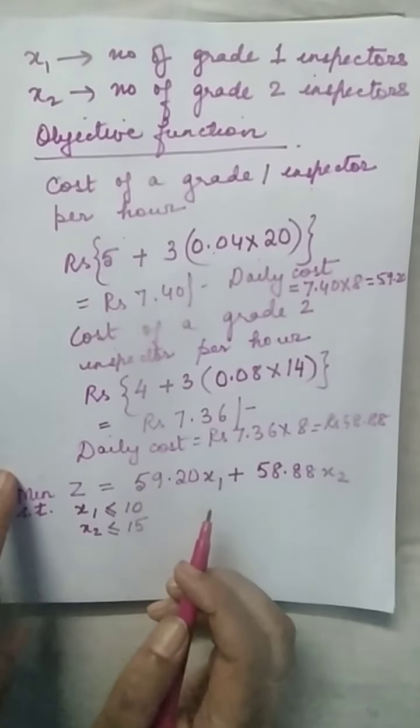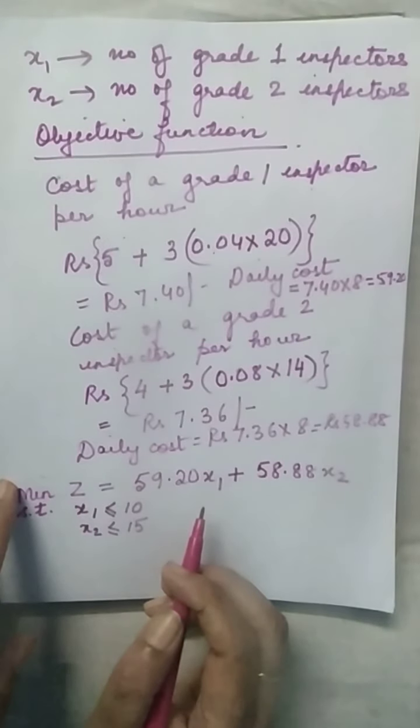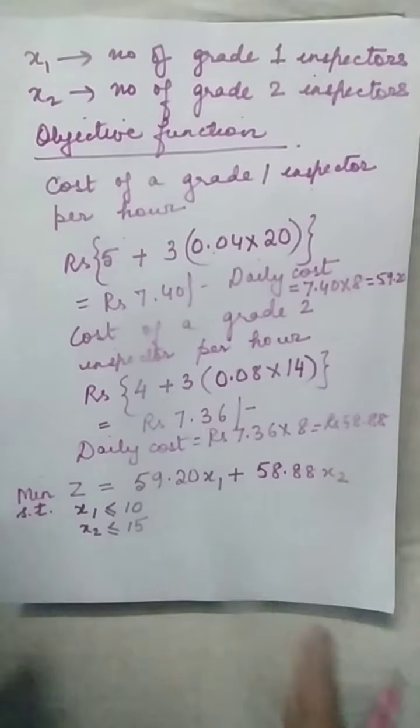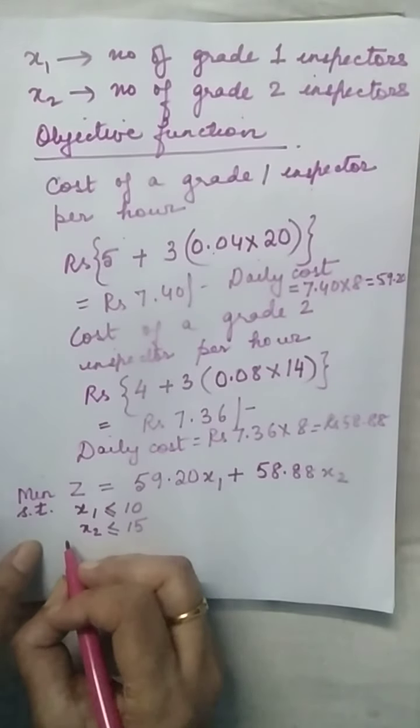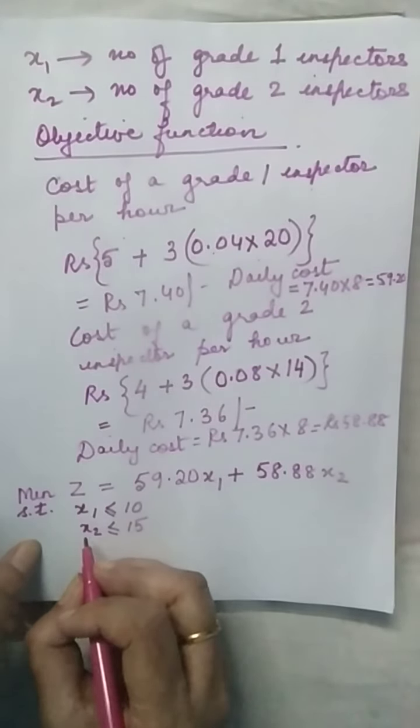And thirdly, in a total day you have been told that 1500 units have to be checked per day. Now what do we find? In 1 hour a grade 1 inspector checks 20 units.